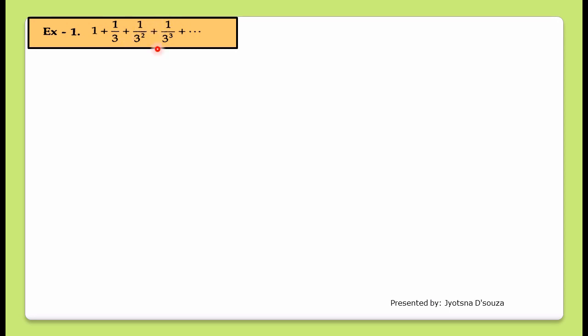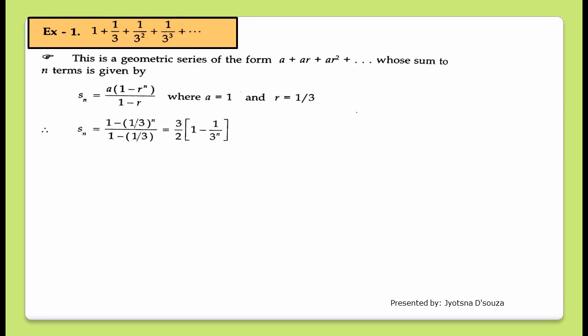So by looking at this, we can clearly say that the given series is a geometric series and it is of the form a plus ar plus ar square plus etc. Now we know that the sum of the geometric series is given by Sn is equal to a into 1 minus r to the power n divided by 1 minus r.